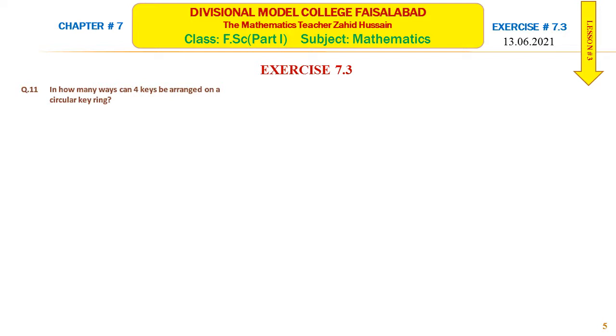If you were asked in how many ways 4 persons can be seated on a round table, persons are living objects, so the arrangement would be 4 minus 1 factorial. But in this case, because these are keys, non-living objects, we will use the formula for non-living things.